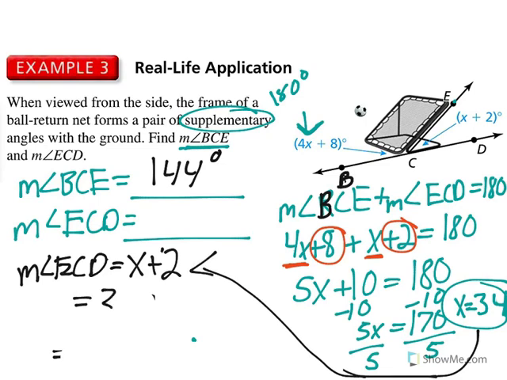So this is equal to 34 plus 2. So it ends up giving me 36. So when I go back up here, I can put that it was 36 degrees. So obviously if I add this back up, it should be supplementary, and if you add 144 plus 36, you get 180, so that's just a way to check your work, and so odds are we got this correct.